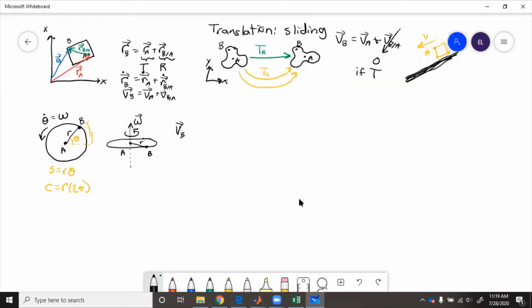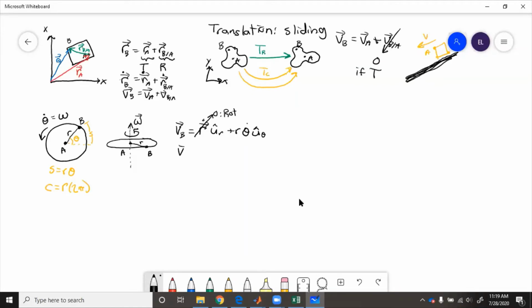Velocity of B, we've learned from our polar formulas, equals R dot UR plus R theta dot U theta. But if it's fixed axis rotation, then R is not changing, so R dot is 0 for fixed axis rotation.